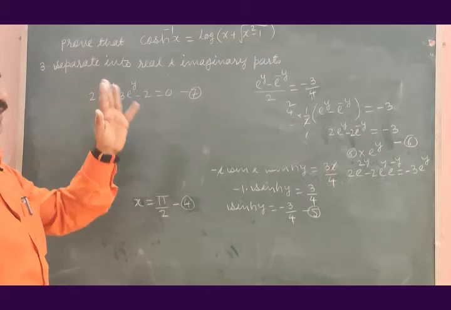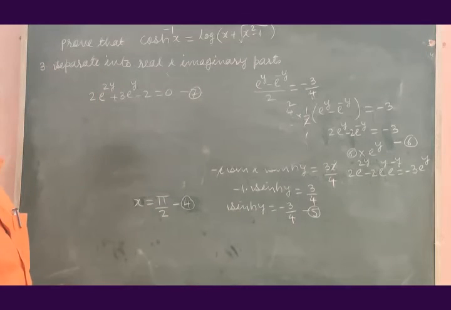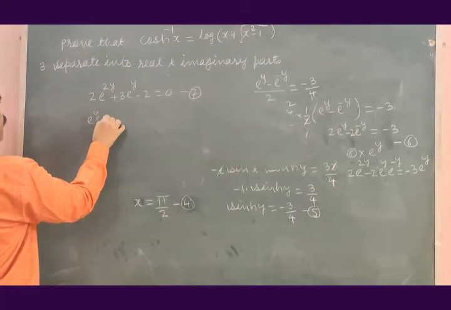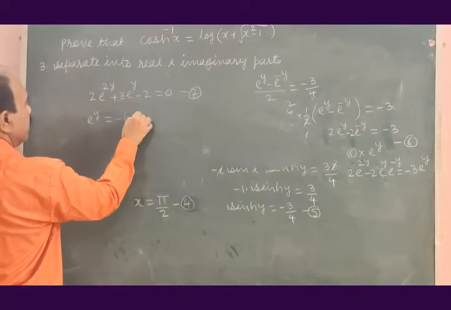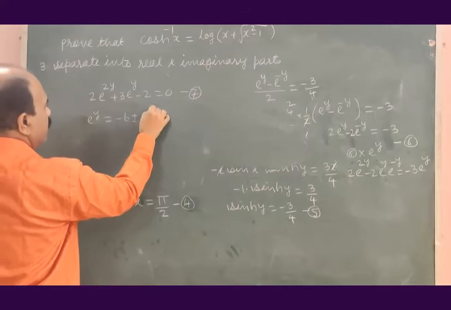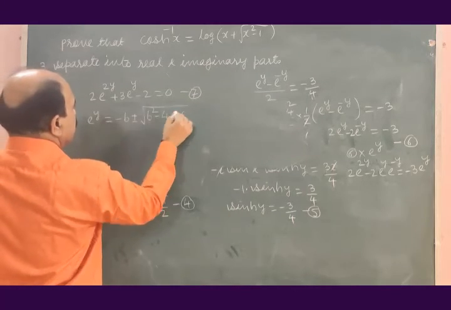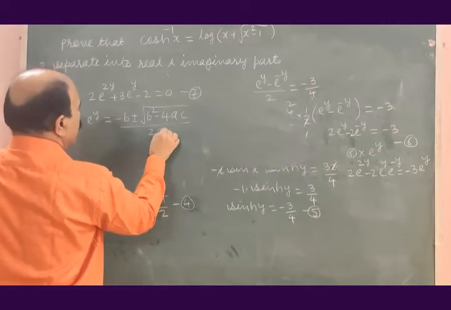Now equation number 7 is a quadratic equation. It can be solved for e to the power y using the general formula minus b plus or minus square root of b square minus 4ac divided by 2a.